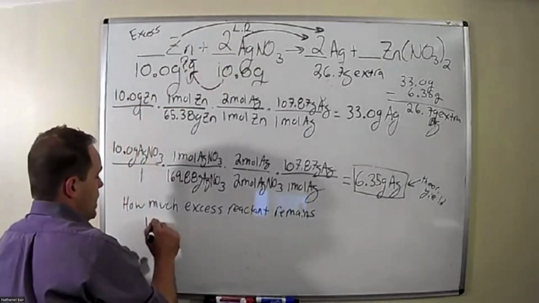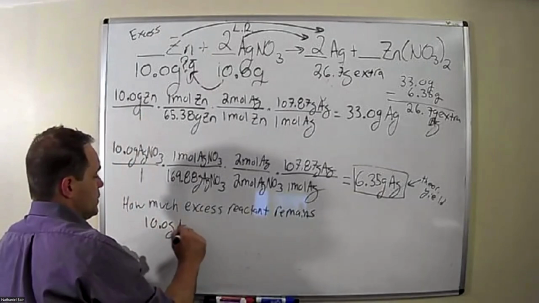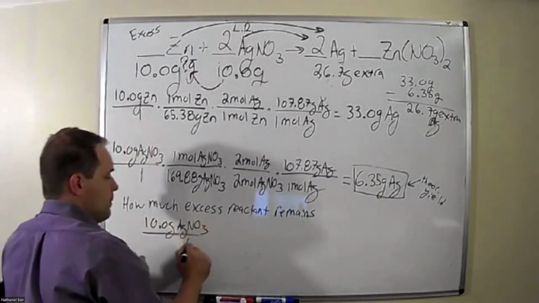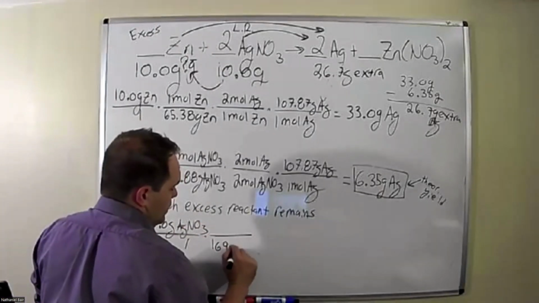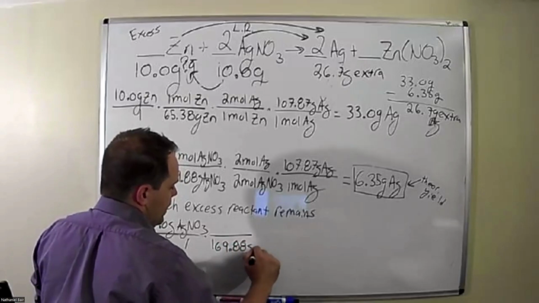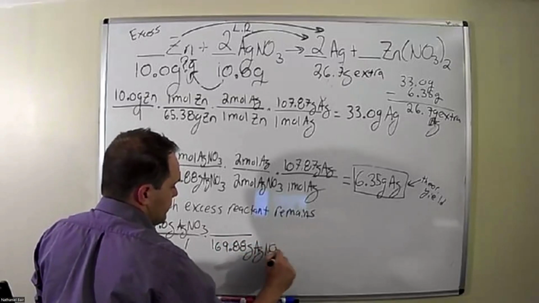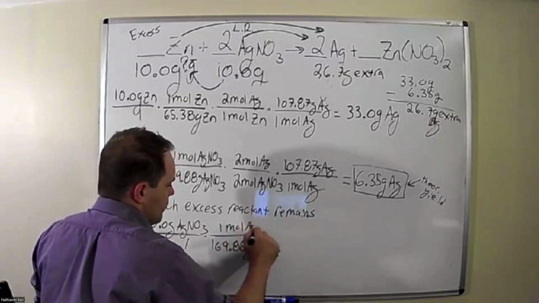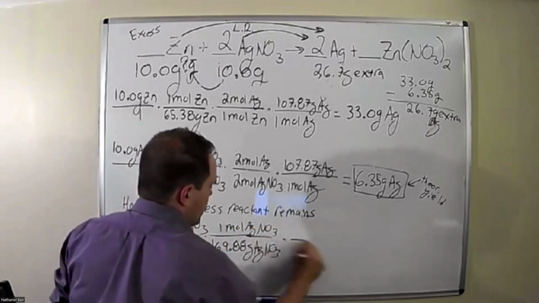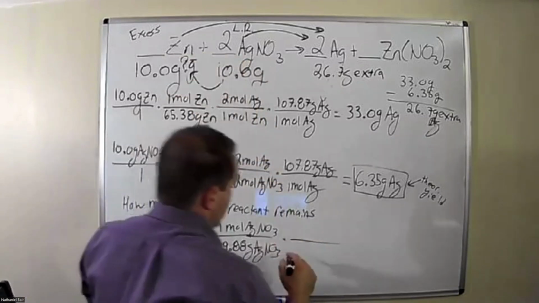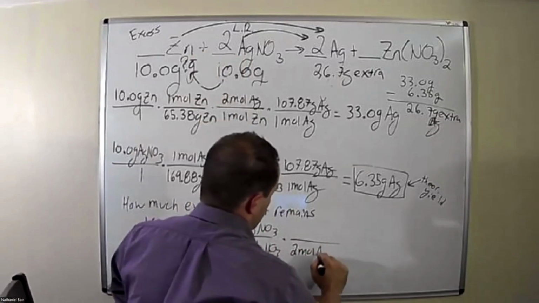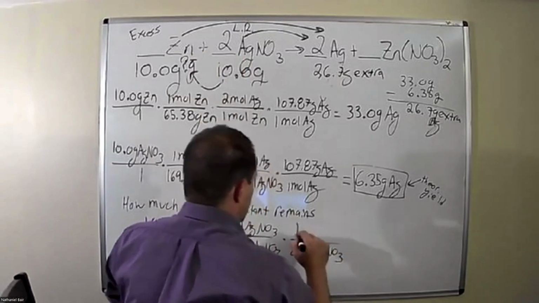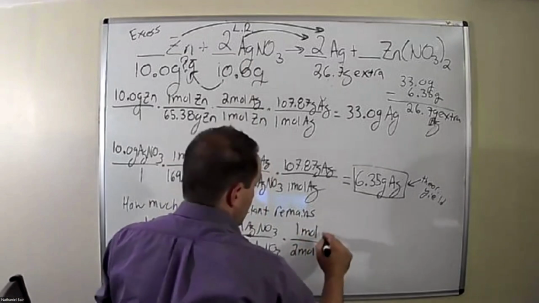So here we go, 10.0 grams of silver nitrate over 1. That's got a mass of 169.88 grams. And then that's a 2-to-1 mole ratio, 2 moles of silver nitrate to 1 mole of zinc.